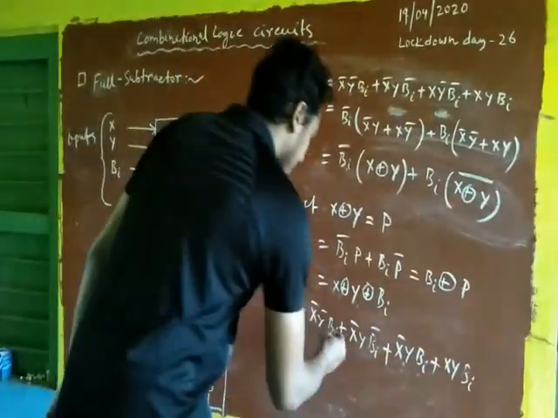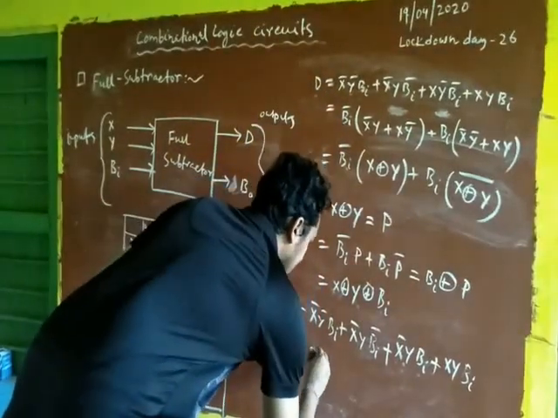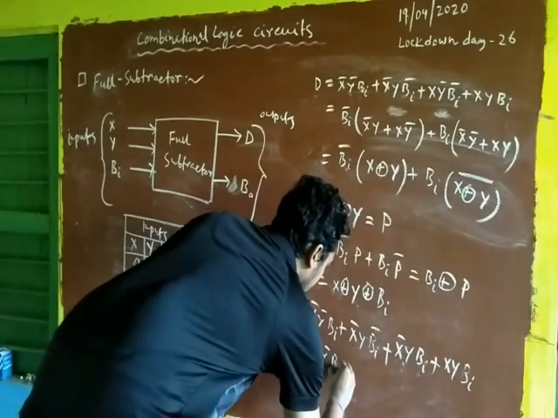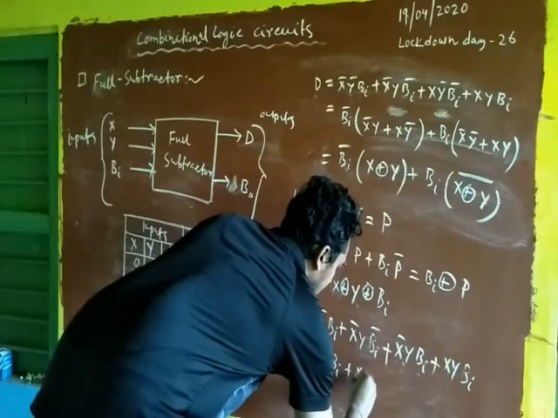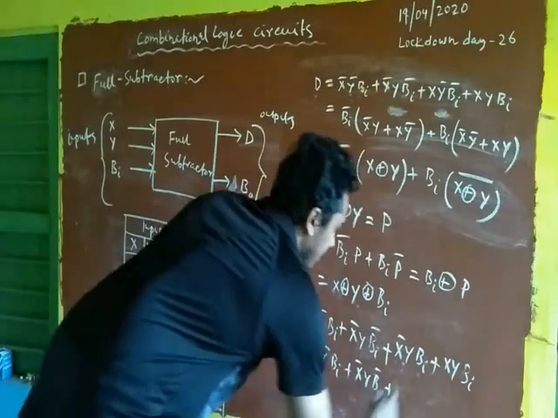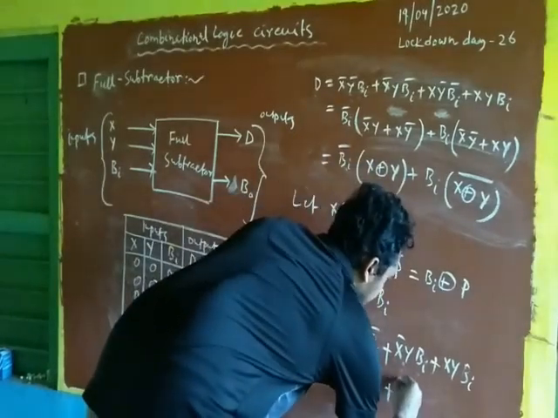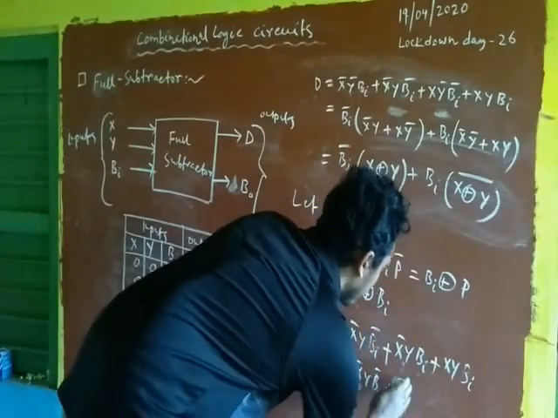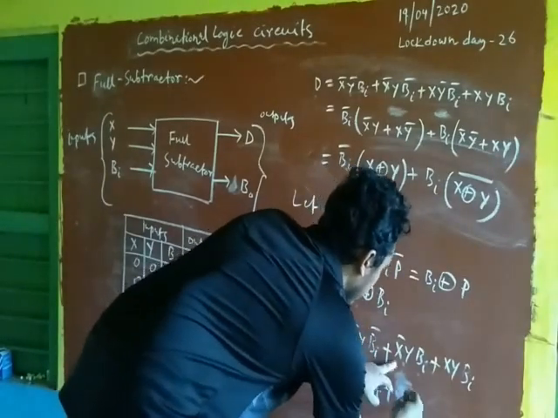Okay, so I am writing first two terms as it is, that is x bar y bar bi plus x bar y bi bar plus directly I am writing here x plus x bar, that is 1.